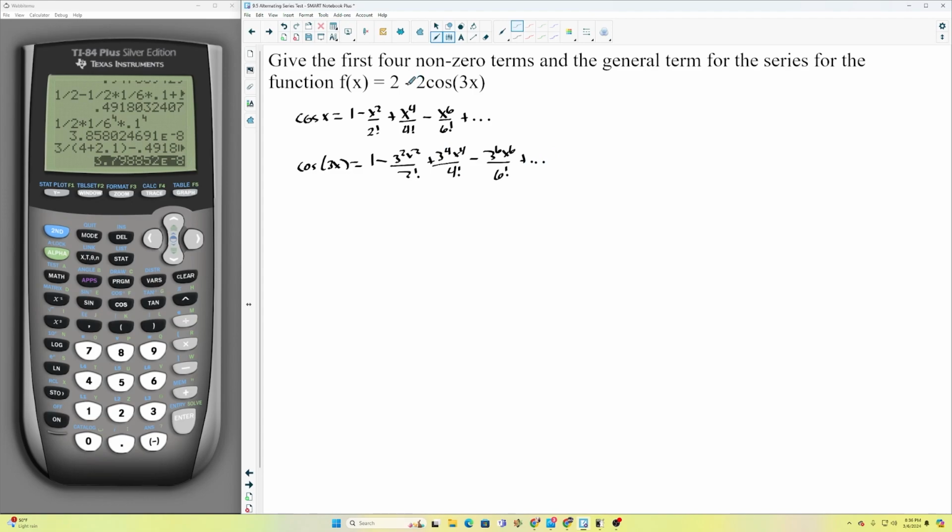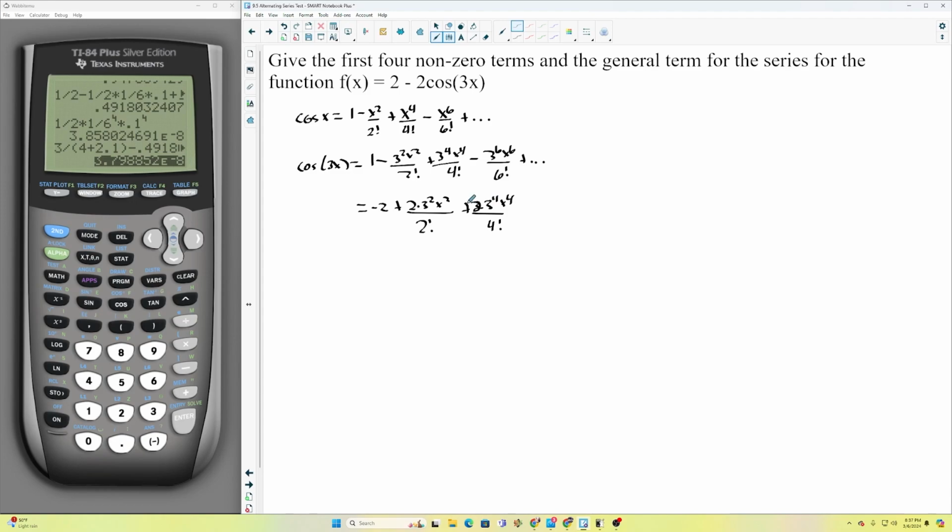Now we're going to multiply everybody. How about we multiply everything by -2? So -2 plus all this stuff. 2 times 3 squared, x squared over 2 factorial. Then 2 times 3 to the fourth, x to the fourth over 4 factorial.